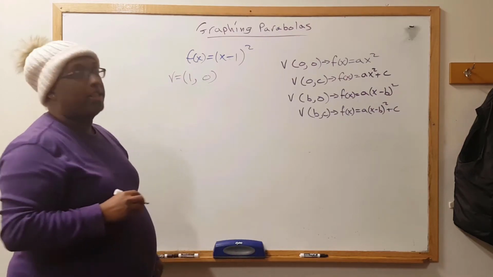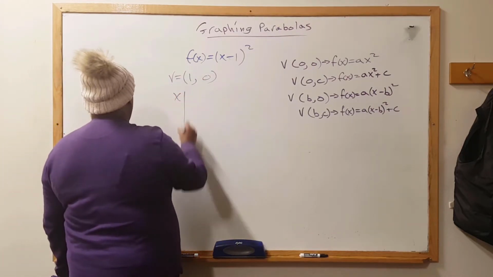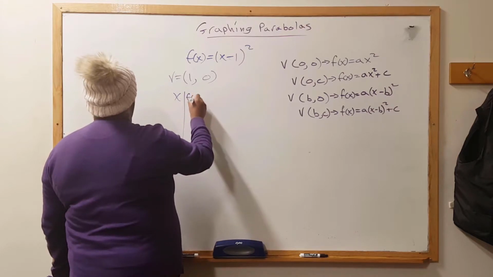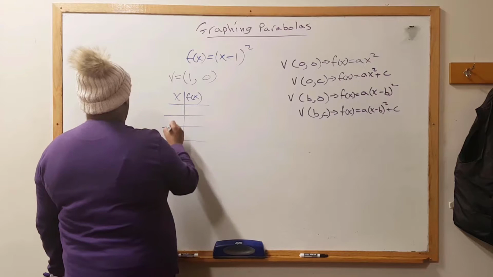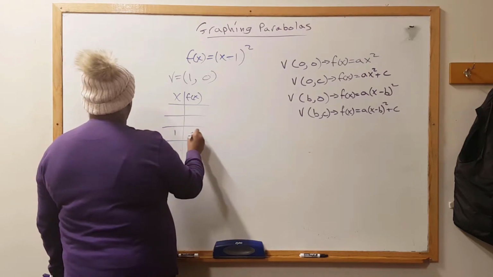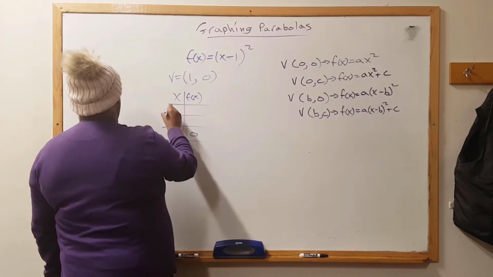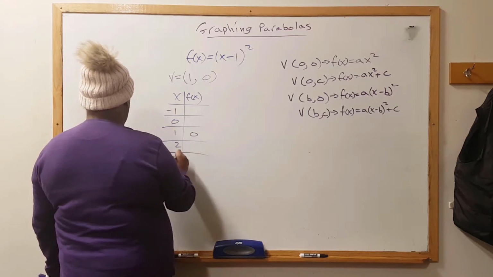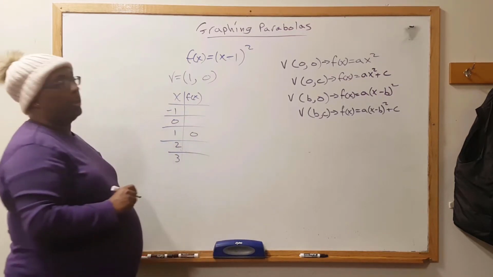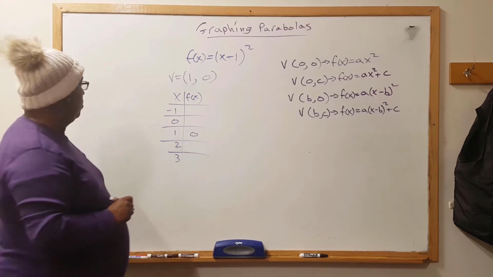And we can make our table x and f of x. And we put the vertex in the middle, 1, 0, 0, -1, 2, and 3. And find out what happens when we plug in these numbers.